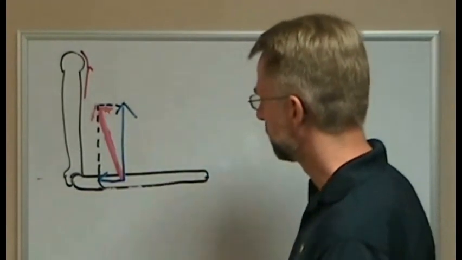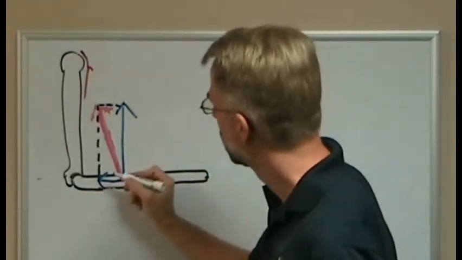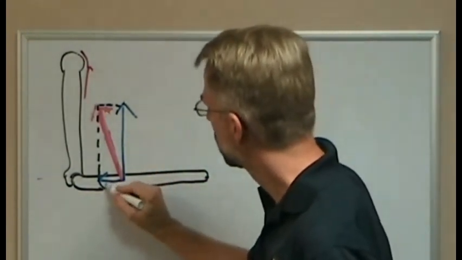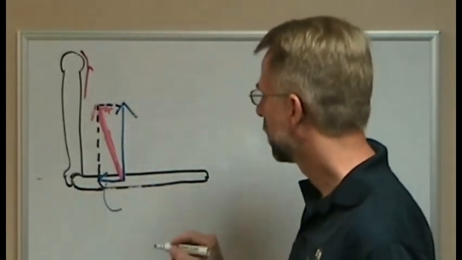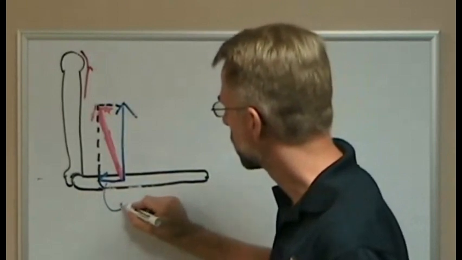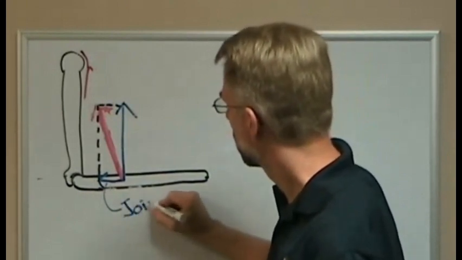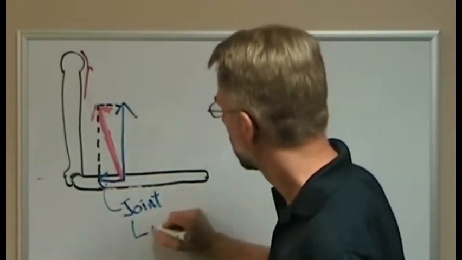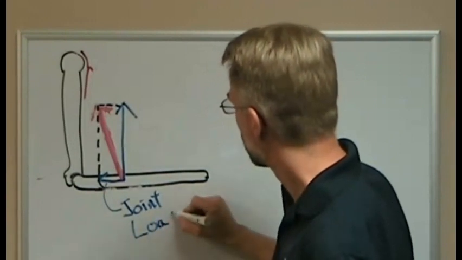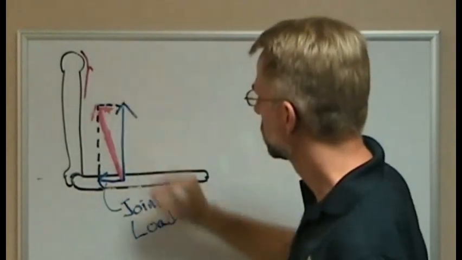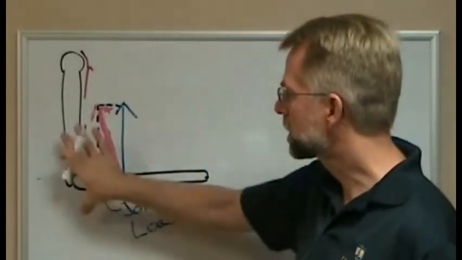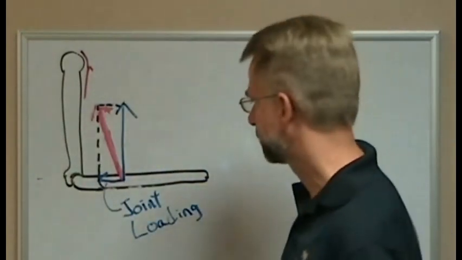In this case, we have this vector down here that indicates that we have a small amount of joint loading at the humeral ulnar joint as a result of the biceps contracting in this particular position.